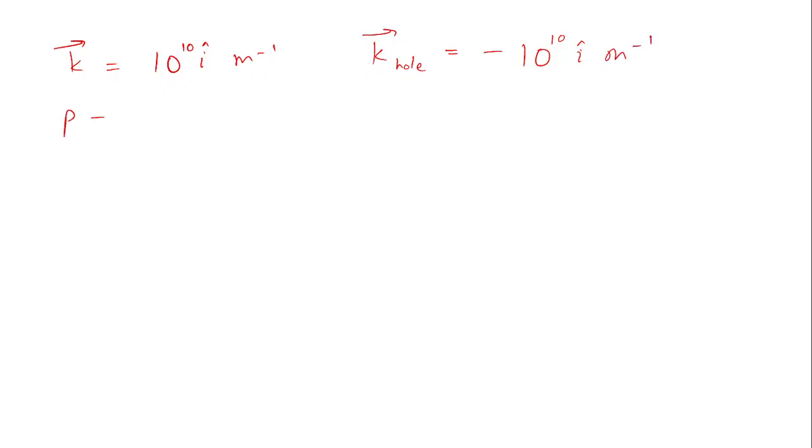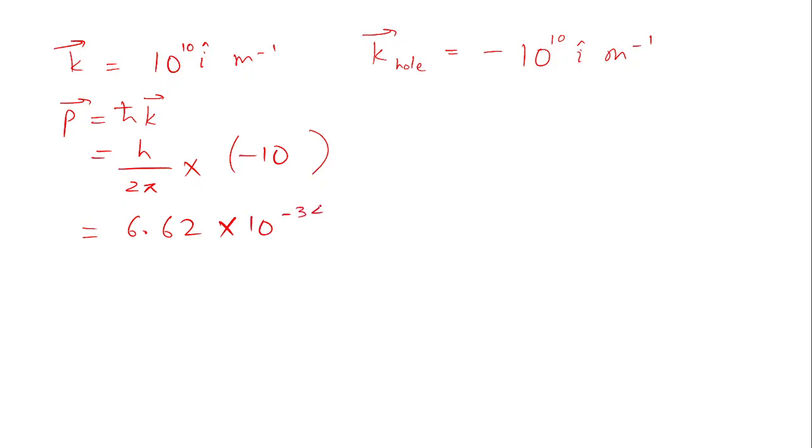And what is the relation between momentum and wave vector? It's p equals h bar k, where h bar is h over 2 pi, and k is this, minus 10. So with this, we'll have a direction. The value will be 6.62 times 10 to the power minus 34 multiplied by minus 10 divided by 2 times 3.14.